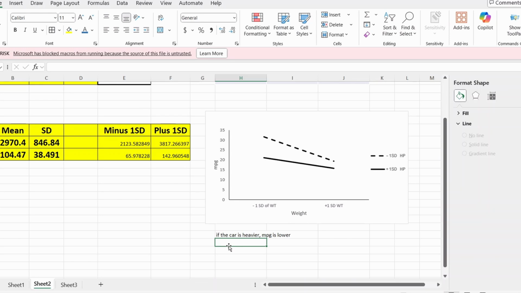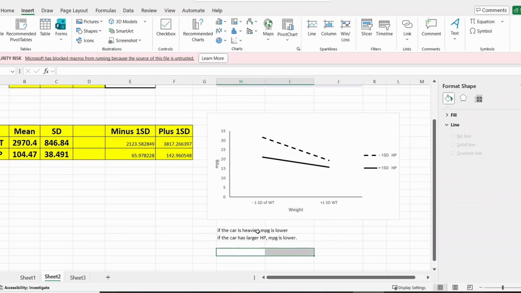Another effect is that if the car has larger horsepower, MPG is lower. These two are the main effects, and the other one is the interaction effect. As mentioned, the interaction effect is significant. So visually, the idea is that these two lines differ in terms of slope.